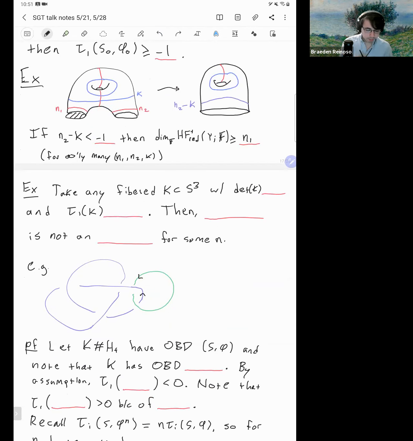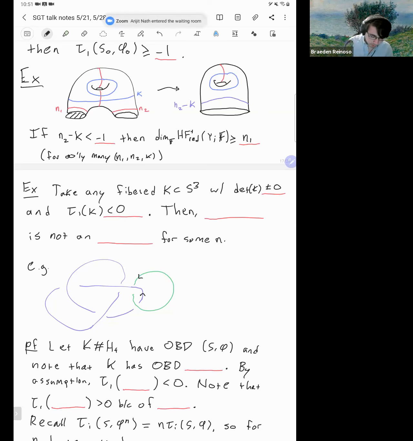So maybe as another example, if you take a fibered knot, say in S3, just for a simple example, and we're just going to specify that the determinant of our fibered knot is non-zero. And let's say that our fibered knot specifies an open book decomposition, and I mean the fractional Dehn twist coefficient along the boundary component. So let's just specify that that's less than 0.